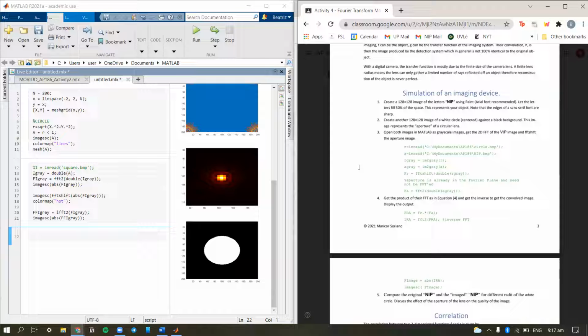This next part of the activity, simulation of an imaging device, simulates what you will see in a microscope or a telescope. Kasi may lenses lang yan eh. And the Fourier transform, again, simulates lenses. That's why the title of the activity is simulation of an imaging device.